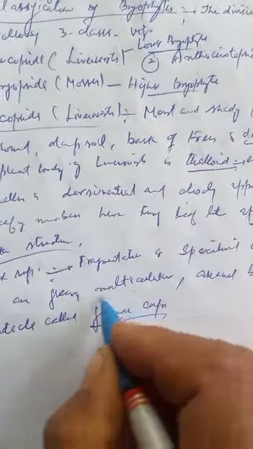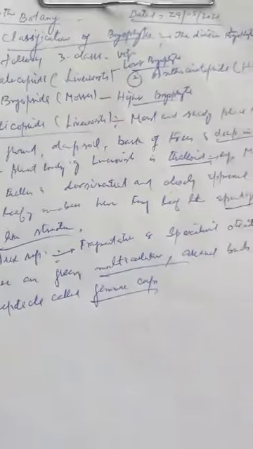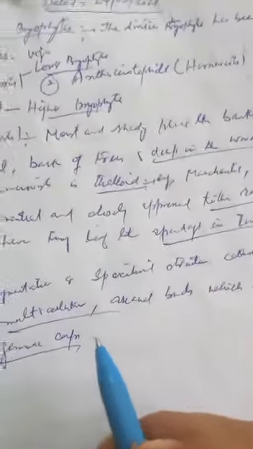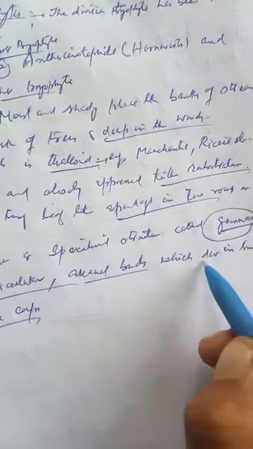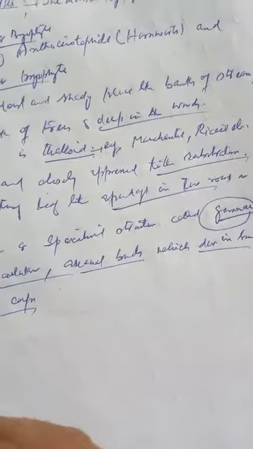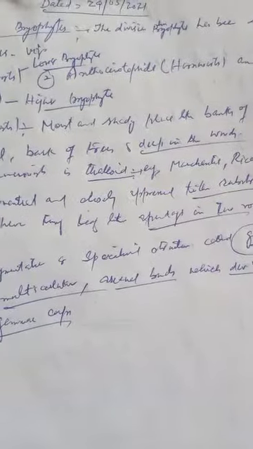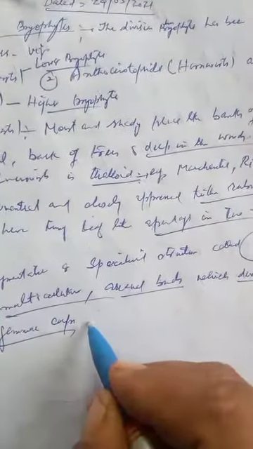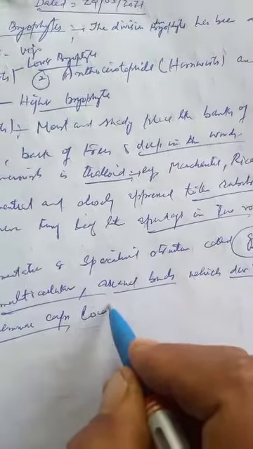What are gemmae? Sometimes a short note is asked, what is gemma? Gemmae are green multicellular asexual buds which develop in small receptacles called gemma cups, which are located on the thalli.